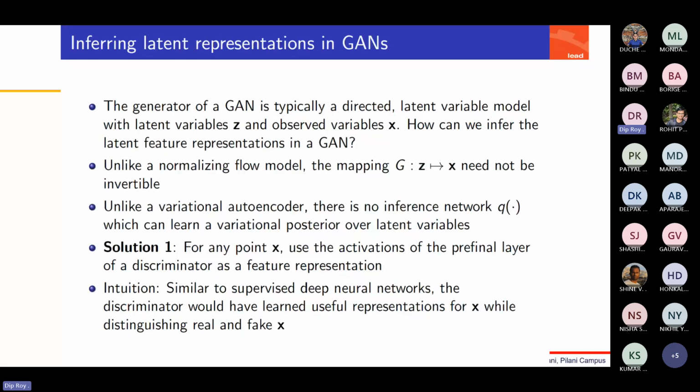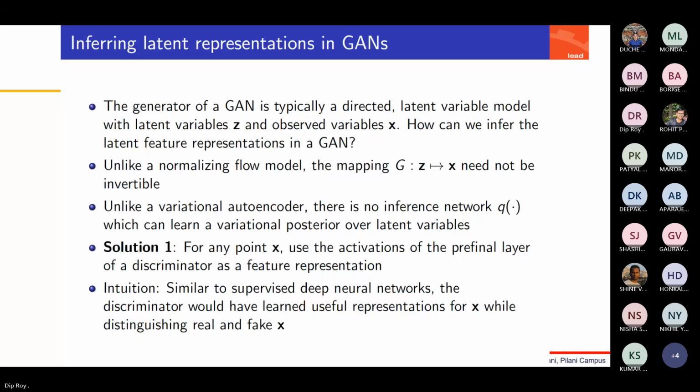What will happen is your performance measure will fail. That is where we needed a smoother objective function, and that was given by Wasserstein GAN, which is also called the Earth Mover GAN.